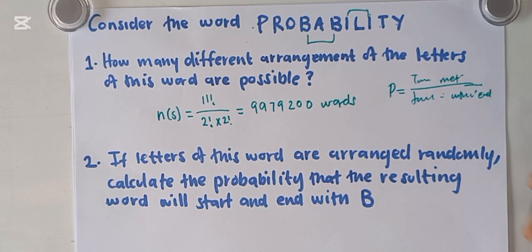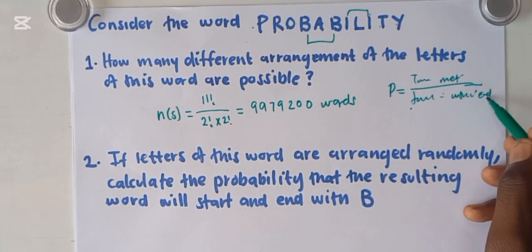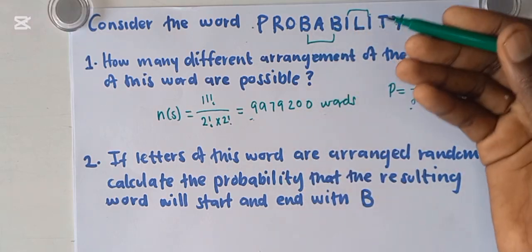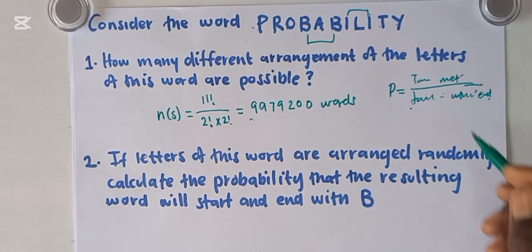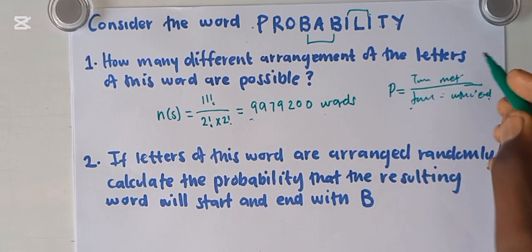That's how I define probability. First, the one without a condition, we already found the number of ways, which is this number. So we have to get the number of words that follow the condition.